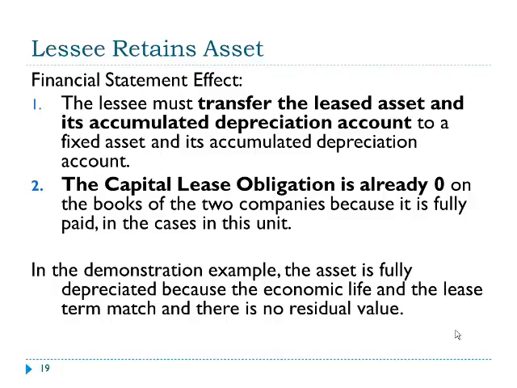If the lessee retains the asset, there's no change in the accounting for the liability because of that. The capital lease obligation is already zero at the end of the lease, and there's no additional payments typically. In this demonstration, the asset is fully depreciated because the economic life and the lease term match, and there's no residual value.